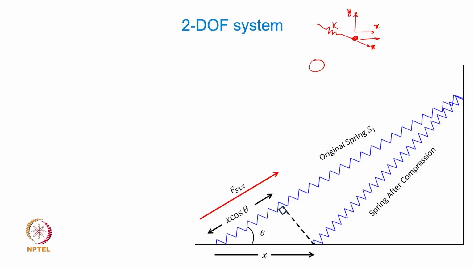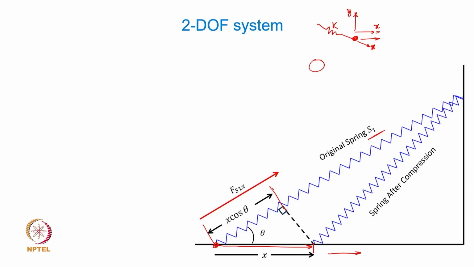Now this is something which I think we discussed in the single degree of freedom system, that if we move this end of the spring by a distance x, this inclined spring having the stiffness k1 is going to be effectively stretched by a value equal to x cos theta, you can see that. And x is the displacement along the positive x direction, the one which we have assumed.